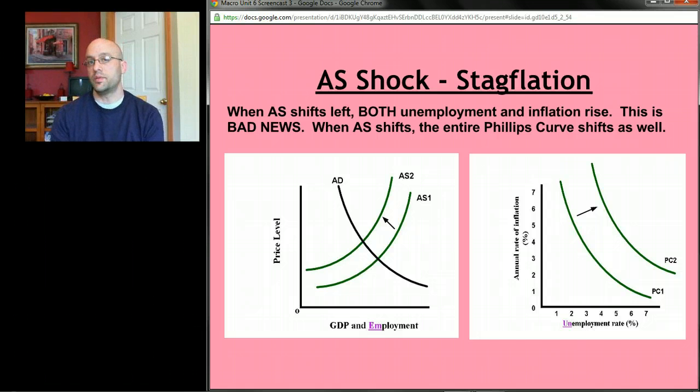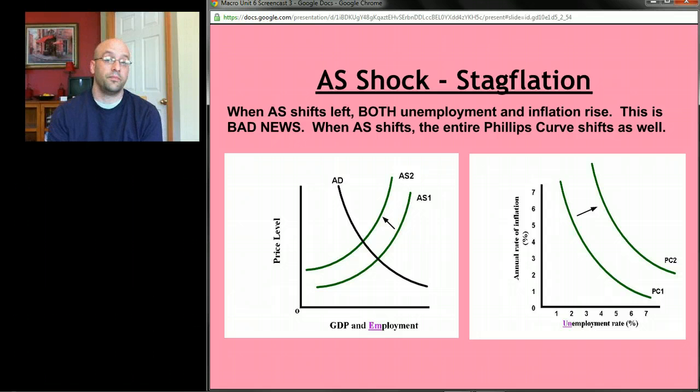In other words, the Phillips curve would shift out and to the right, and that's not where we want the Phillips curve to go. If you look closely on the graph on the right, what we'd like to be at, ideally in a perfect world, is at the origin, 0, 0, right? No inflation, no unemployment. So shifting out to the right, in the Phillips curve graph, is the equivalent of aggregate supply shifting to the left in our AD-AS graph.